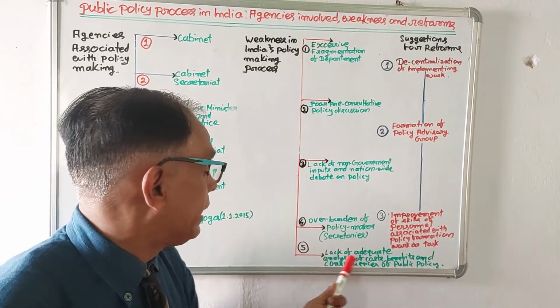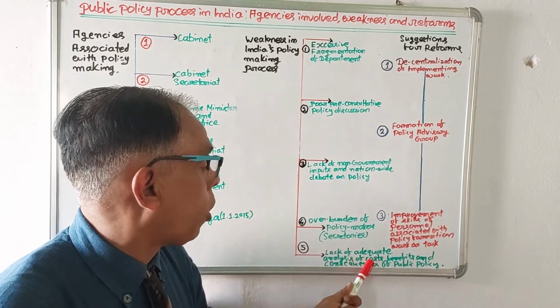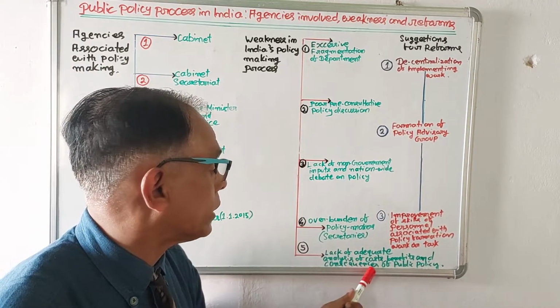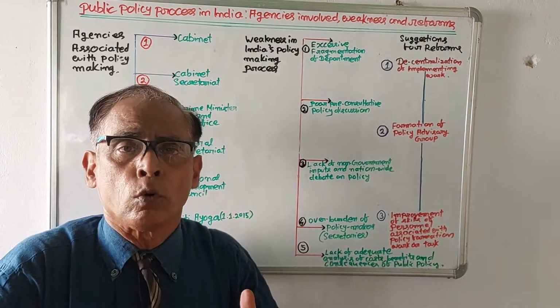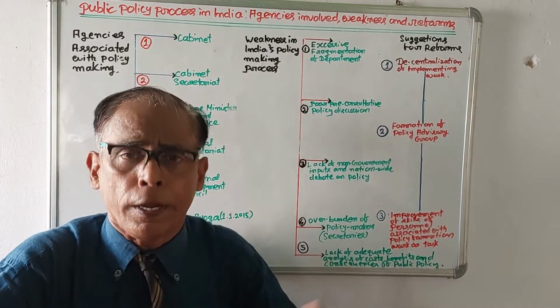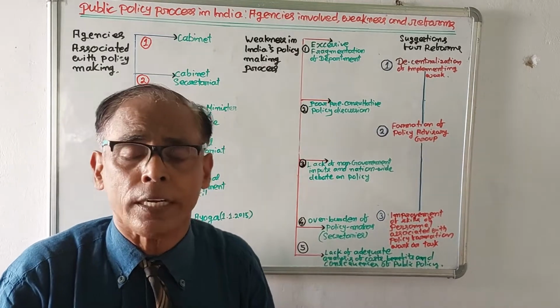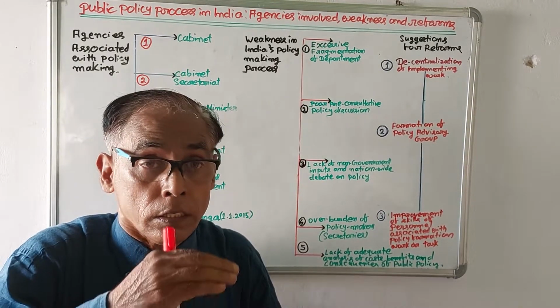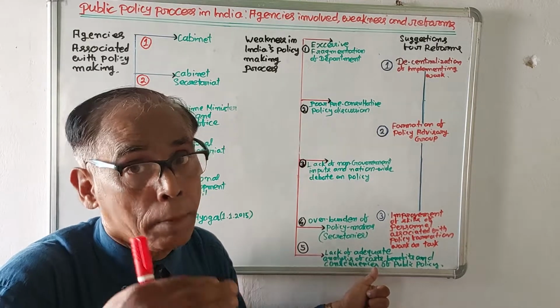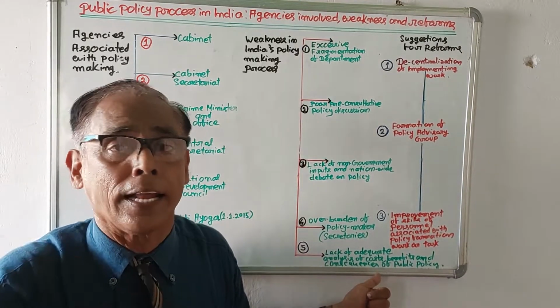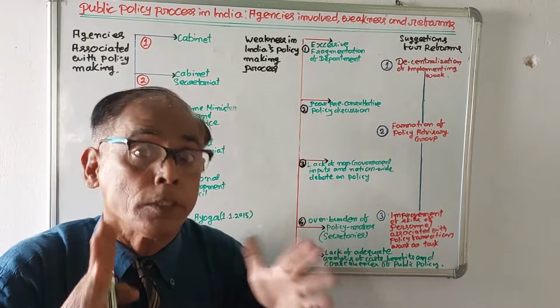Finally, lack of adequate analysis of costs, benefits and consequences of public policy. In India, whenever public policy is prepared or formulated, its consequences, its costs and benefits are not properly analyzed, which are very much important.